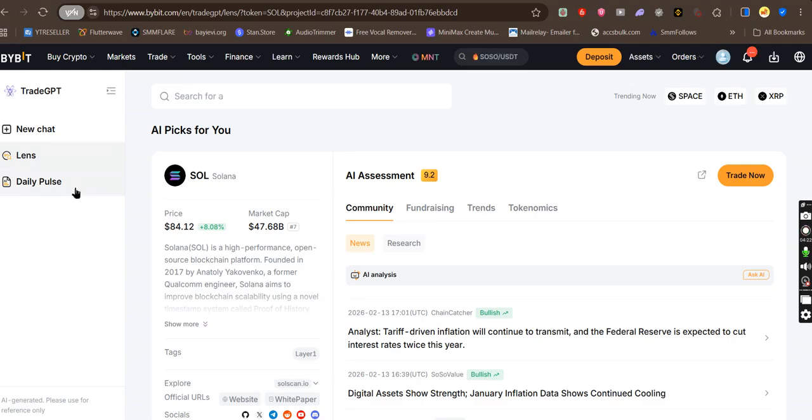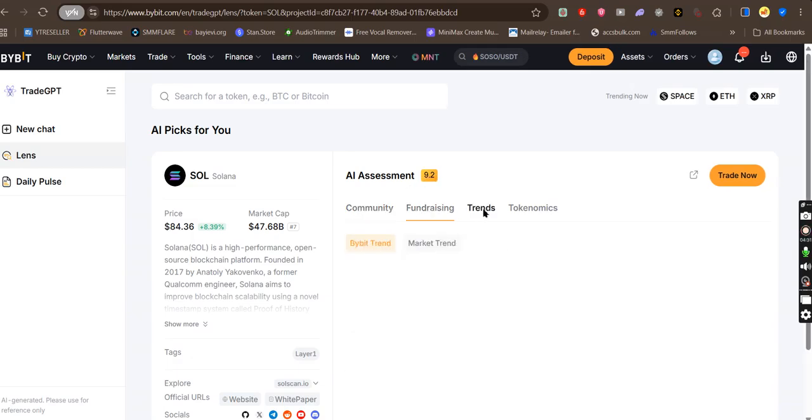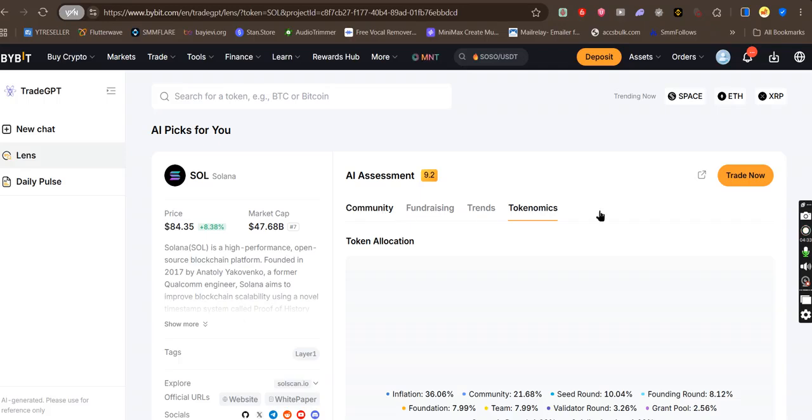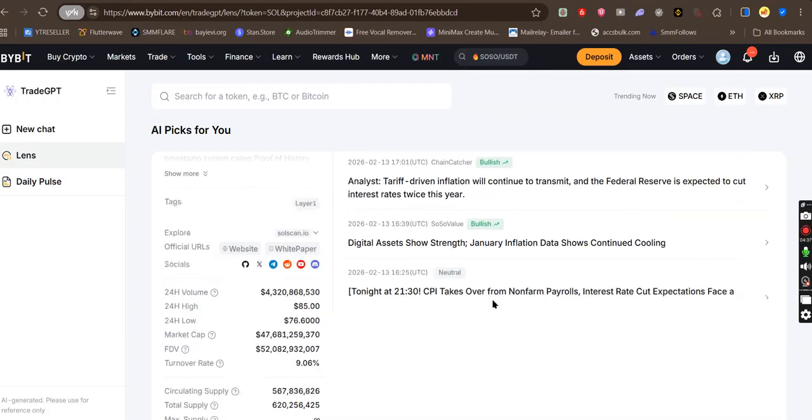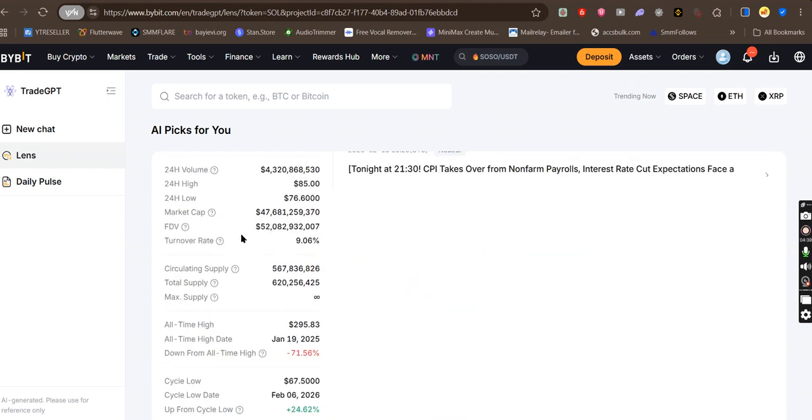So this is what the Lens does. It gives AI picks for you, with an AI assessment of 9.2, and it gives all the information, the community, and the recommendation. It is saying that it is safe to buy.